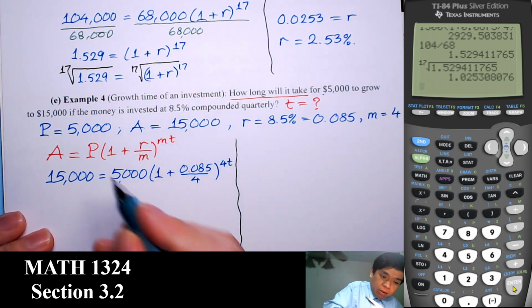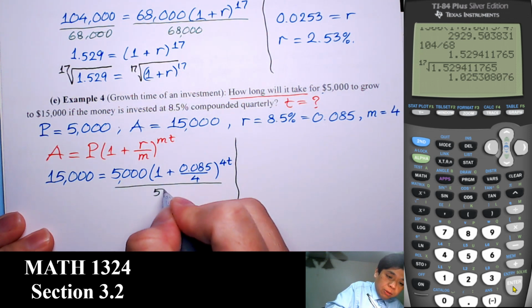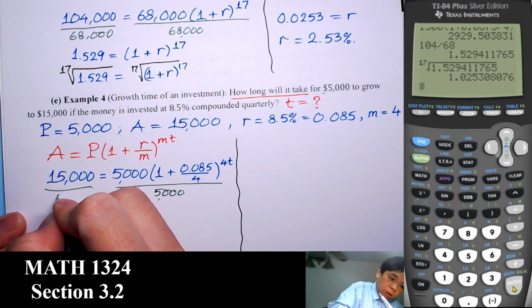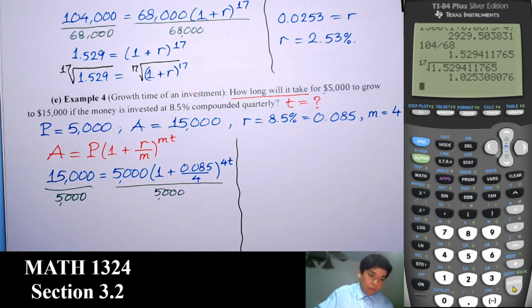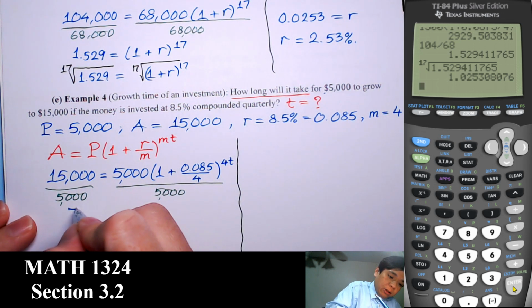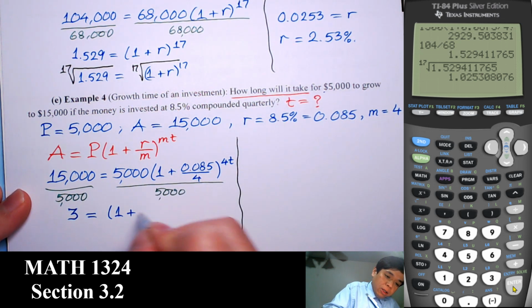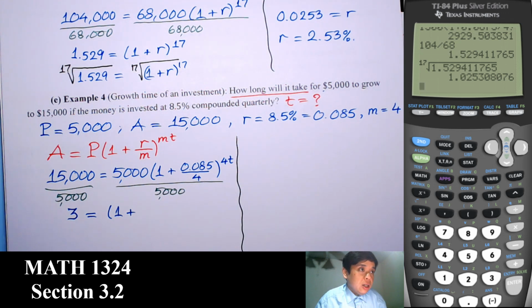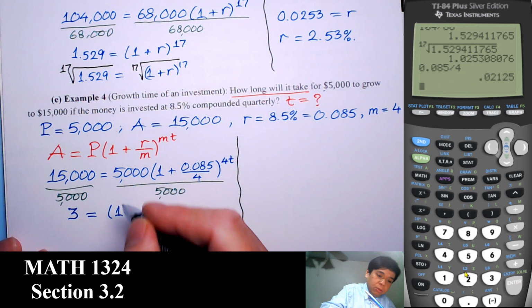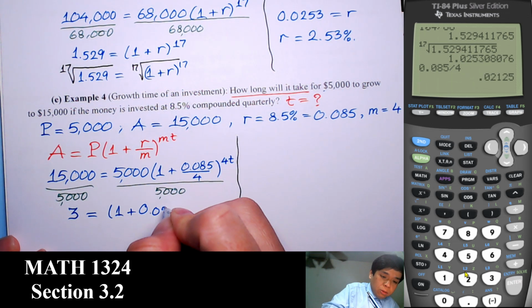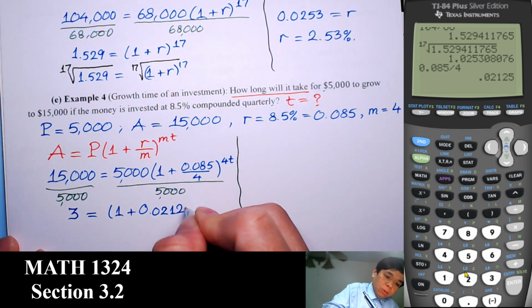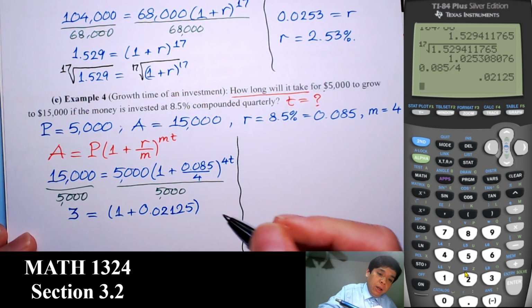So divide by 5,000. That gives us 3. And we have 1 plus 0.085 divided by 4, and that to the 40.